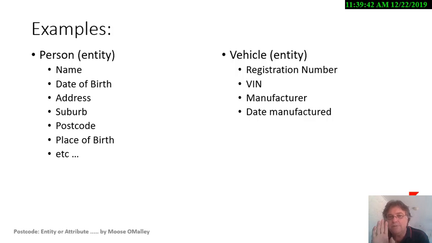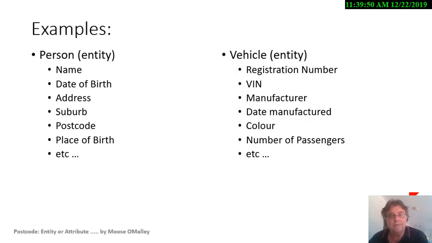We're talking about particular vehicles that we want to record information about. The colour, the number of passengers, and so on. There could be a whole lot of stuff you want to record about a vehicle. So person is the entity, and these are all the attributes. And vehicle is an entity, and these are all its attributes. And there could be many others. Okay, so these are just basic examples.